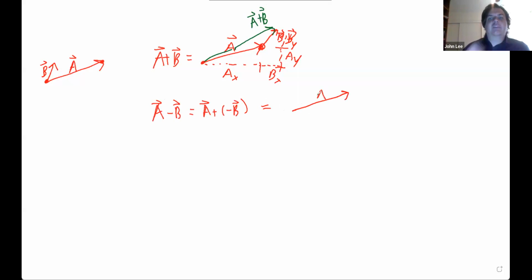You start out with your A vector, but instead of going along in the same direction as the B vector, you instead go in the opposite direction of the B vector. And then that's going to be A minus B. So that has a resultant vector that basically just looks like it's completely along the x-axis.